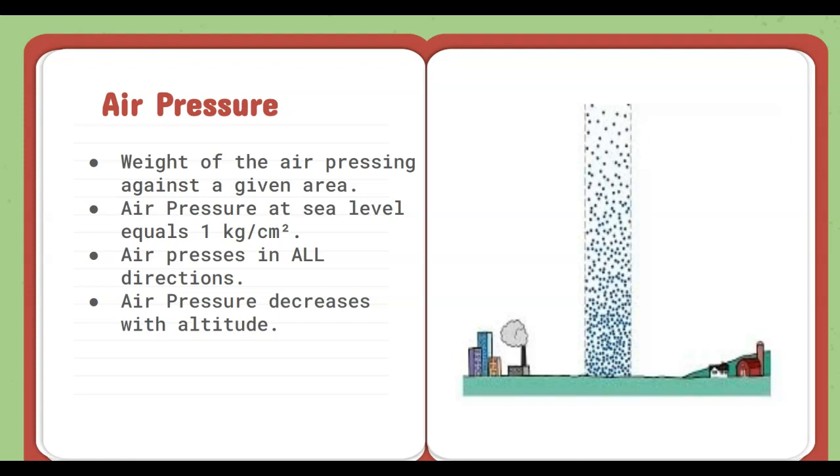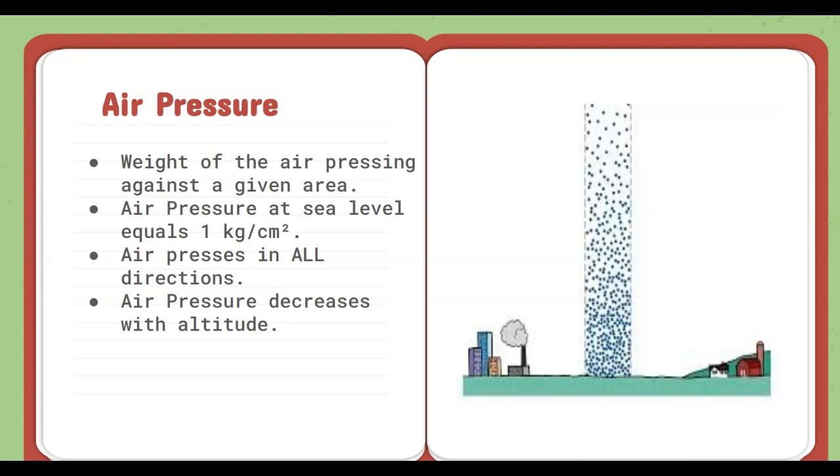But we don't crumble, and it's because air presses in all directions, not just down. So it's a little misleading to say that you're experiencing 1 ton of pressure, when in reality it's pushing from all directions, the sides as well as the top of you.